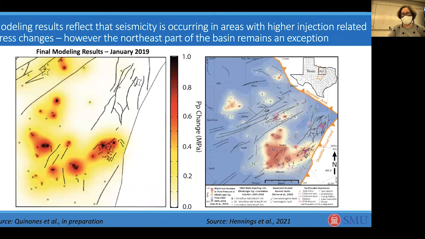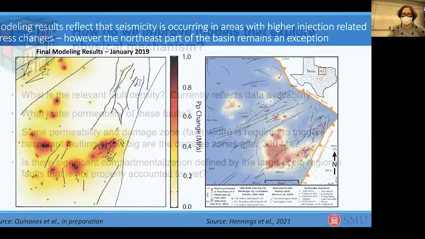That's this one here. Everybody's models show that by the time the earthquakes started in Irving, Dallas, if you consider the cumulative wastewater injection, stress would have changed on these faults at the seismogenic depths. Which is a nice result. The values are very small.